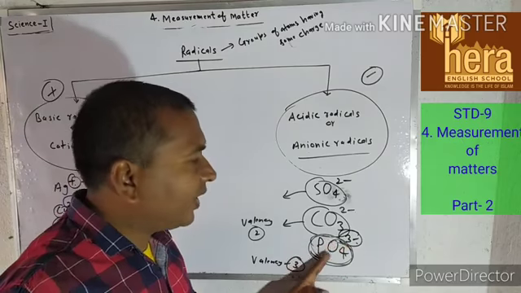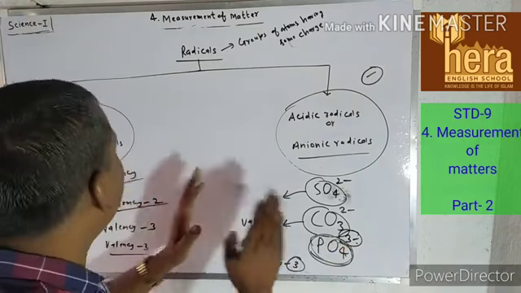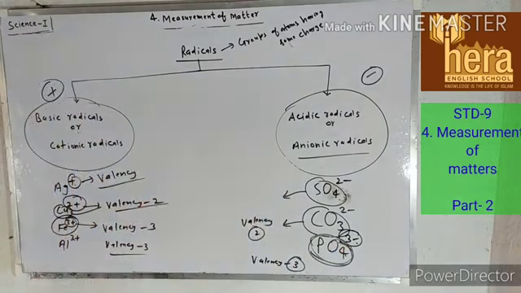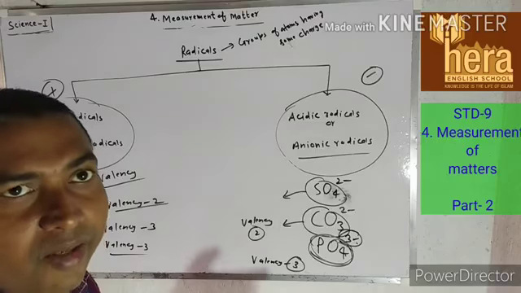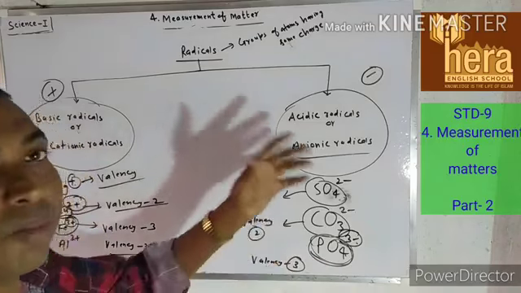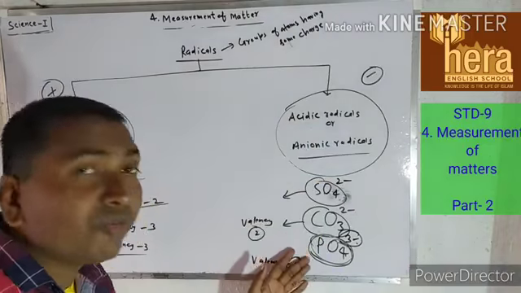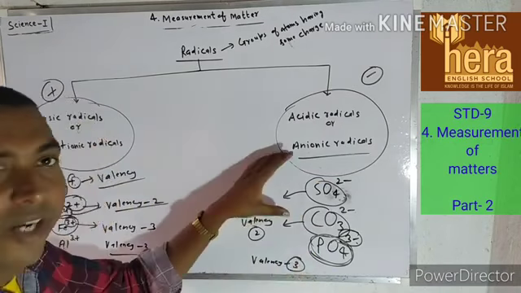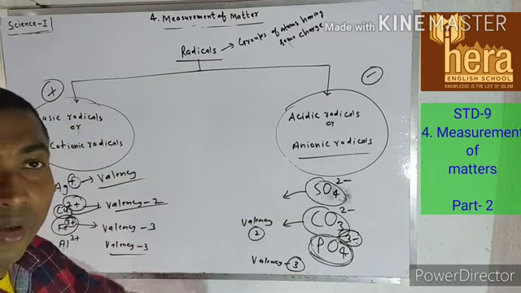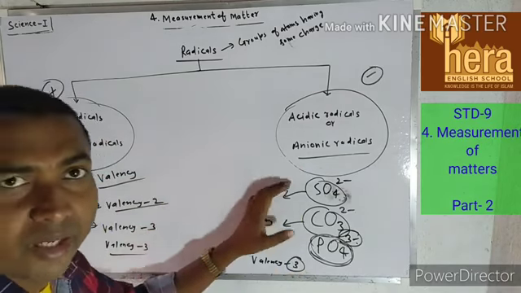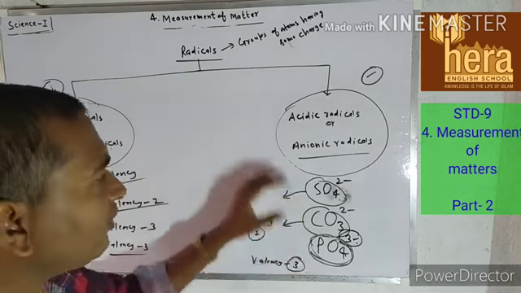Valency of phosphate is 3. This is very, very important to write the name of the formulae. Next topic is how to write the name of the formulae. So first of all, you should know how to find the valency from given radicals.